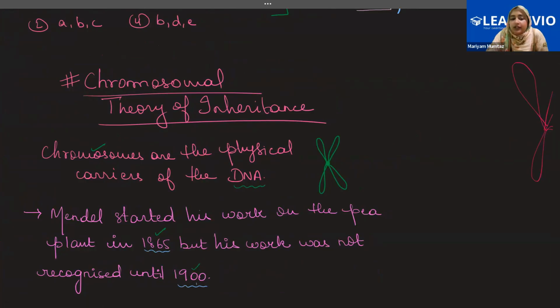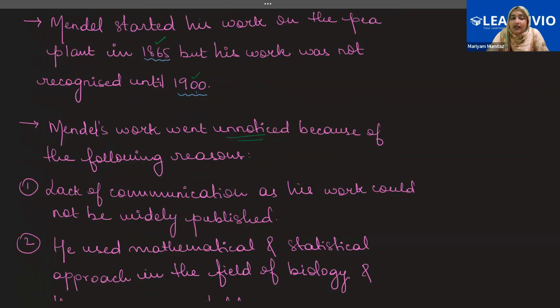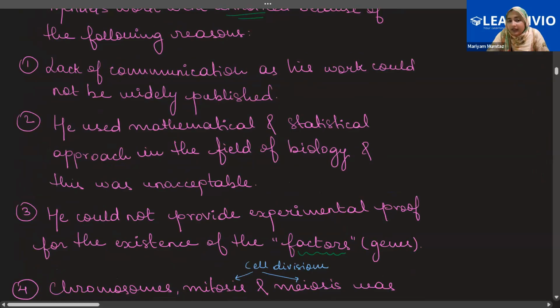Now, according to Mendel, he started working on the pea plant in the year 1865, but his work was unrecognized until the 1900s. Why? First of all, there was lack of communication, because at that time the media was not so advanced.